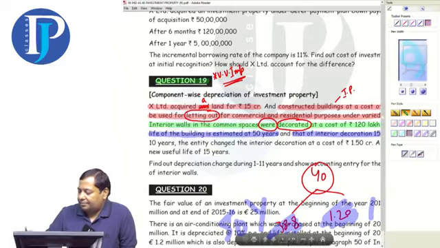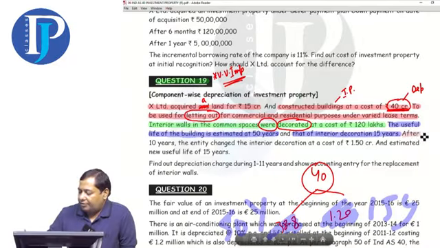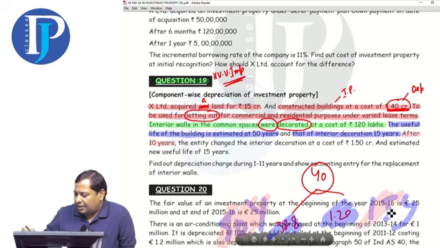Moving ahead with the question. Next question is, after 10 years, what does 10 years mean? The building has 40 years left, while the interior has 5 years remaining.